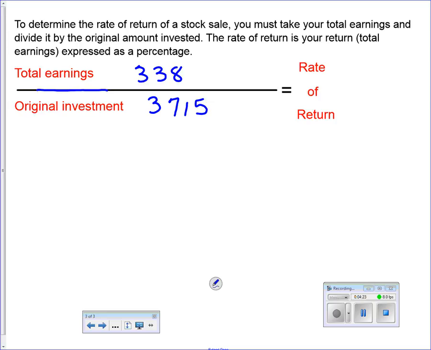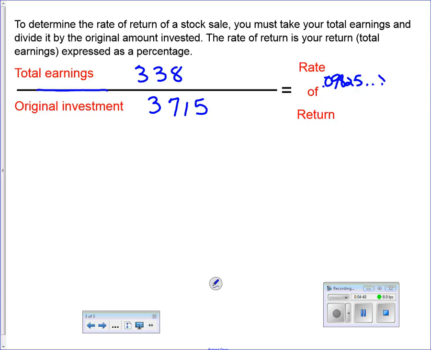And all rate of return is, is your total earnings or your return expressed as a percentage. So when we take 338 divided by 3,715, we get a number like 0.09098. Okay?